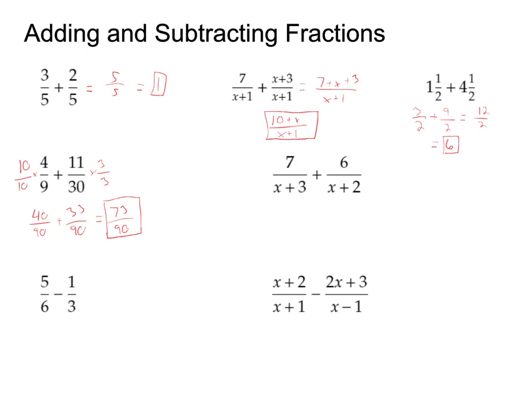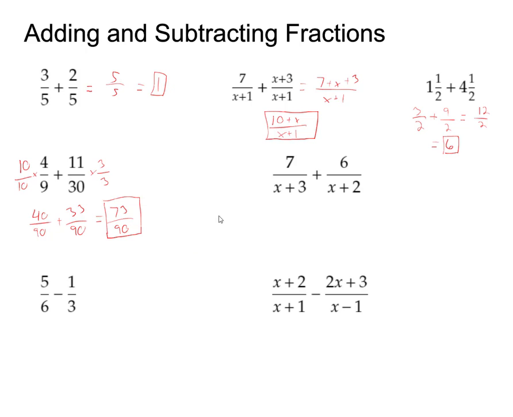Next, we have 7 over x plus 3 plus 6 over x plus 2. In this case, it's a little more abstract because we have denominators that involve variables. However, the same concept still applies. We want to get a common denominator between x plus 3 and x plus 2. So how do we do that?